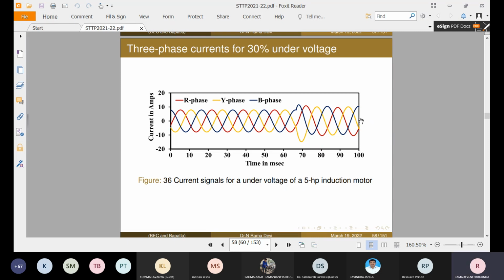One phase being under voltage is not the case here. Under voltage means all three phases undergo the under voltage. All three phases suddenly dip their values to 30 percent, and it is continuously sustained for a long duration. Then that voltage we call the under voltage.